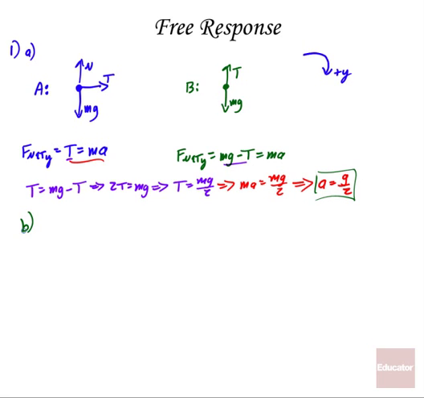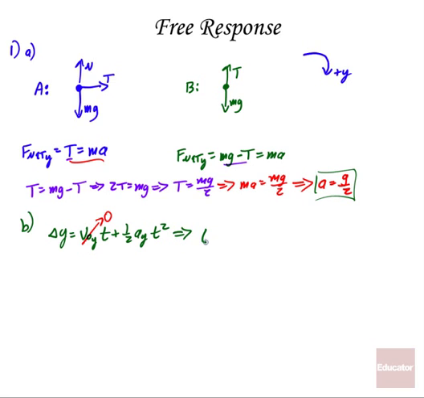Now for part B, it says B strikes the floor. Determine the time at which it strikes the floor. Well, that's going to be a kinematics equation, where delta y is going to be our initial velocity in the y direction times t plus 1/2 a_y t squared. And since the initial velocity of B in the y direction is 0, that term goes away.